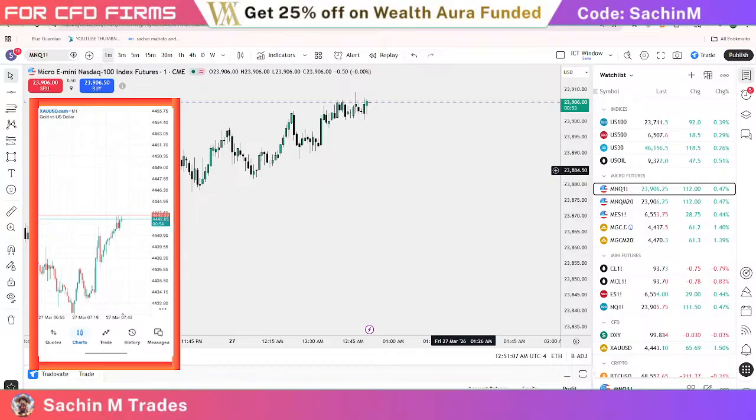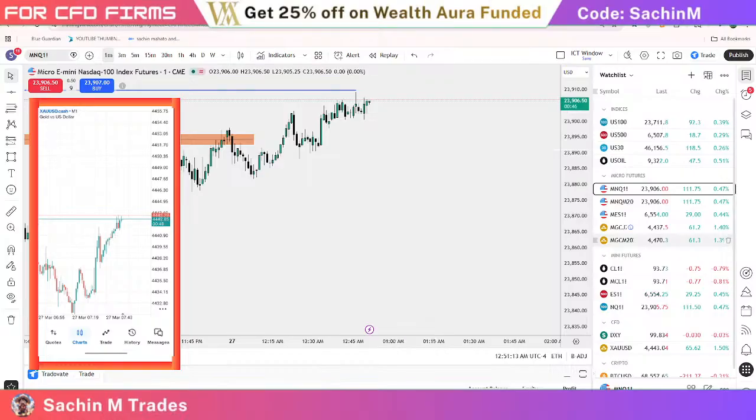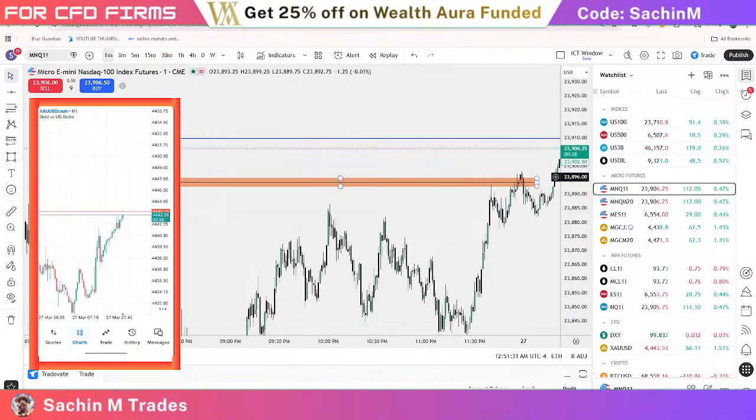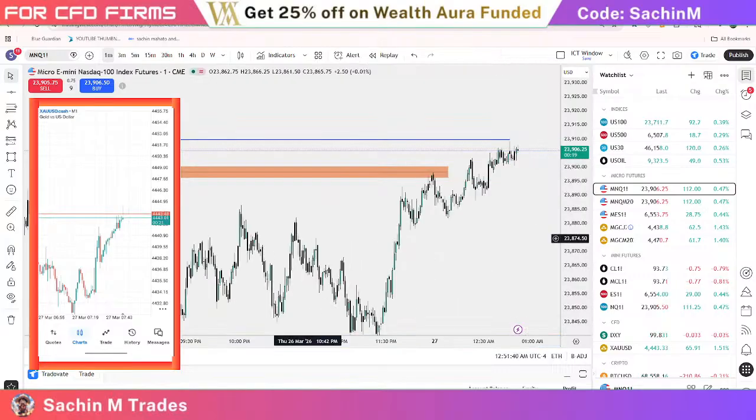It has not yet swiped the high of this liquidity. The market might try to swipe up this high, and that might begin from this volume imbalance, right? So we can take this as an inversion fair value gap from here.